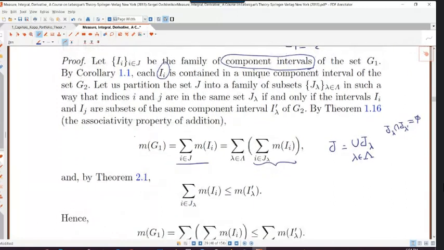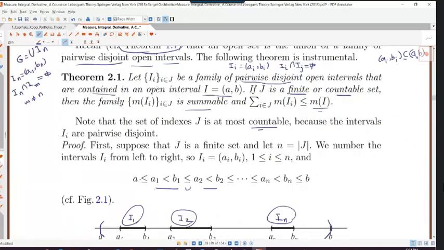And by theorem 2.1, which says that if I_i is a family of pairwise disjoint open intervals that are contained in an open interval I, then we have this one, okay? Sigma M of I_i is less than or equal to M of I. Okay.